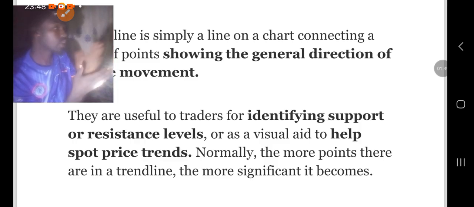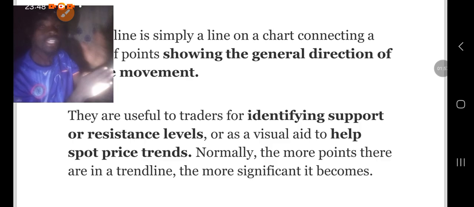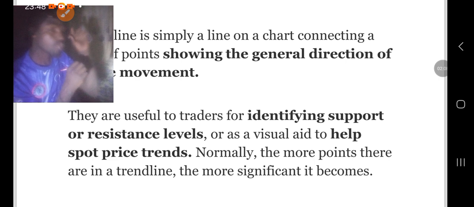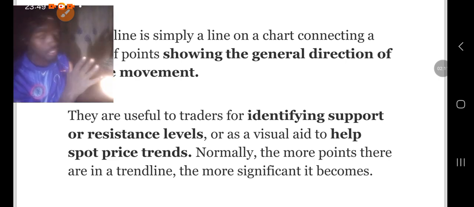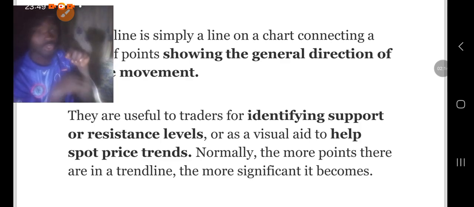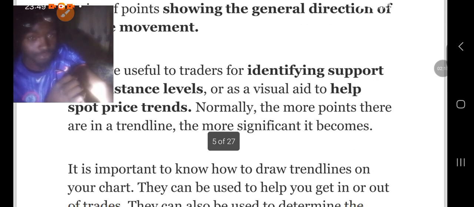When it is going up, it forms higher highs and higher lows. A line connecting the higher lows is what we call the trend line, and it shows the specific direction where the market is moving towards. If the market is moving up, it shows. If the market is moving down, it also shows. All right, guys, so let's move on.